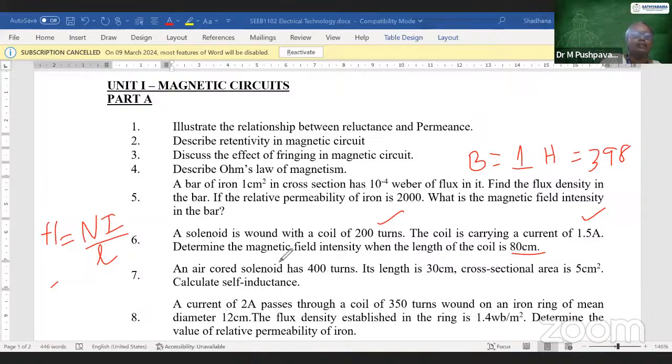Good. Others, you are supposed to solve. Yes, Mukesh, correct. 375 ampere turns per meter. Direct substitution. No need to be confused over this.